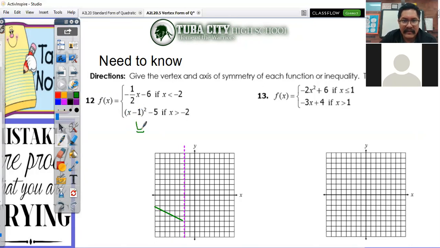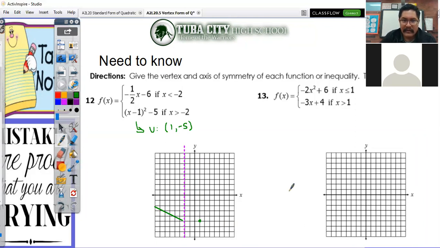So for this one here, our vertex is -1, but again, that's going to be the opposite. So +1, -5 is going to be our vertex for that one. So over 1, down 5 is our vertex right there.